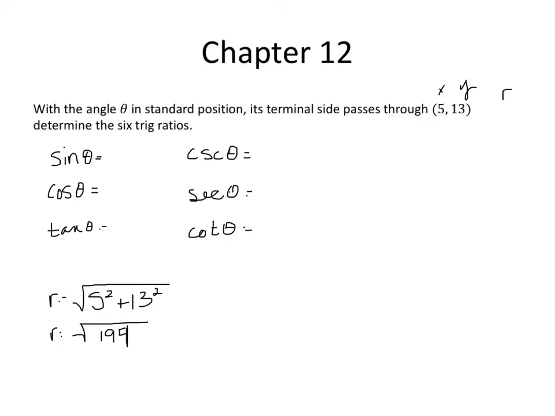Here I did not require you to use any identities, so you can simply use x, y, and r to answer this. Sine we know is y over r, so that's 13 over the square root of 194. We do have to rationalize. Cosine would be x over r, but then when we rationalize that, it becomes this.